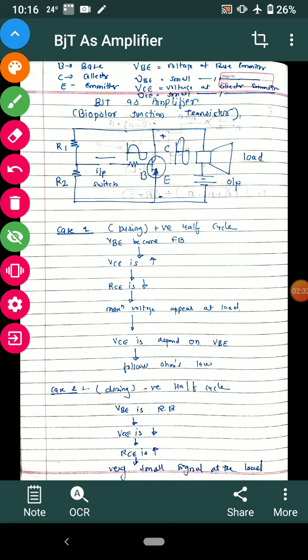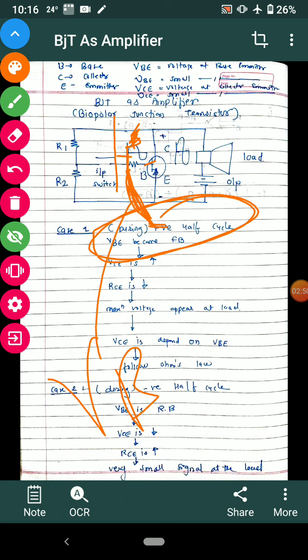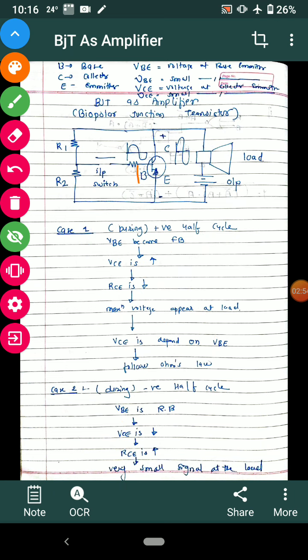So we will start with what happens during the positive half cycle. During the positive half cycle, the base is positive and the emitter is negative, so the base-emitter junction becomes forward biased.